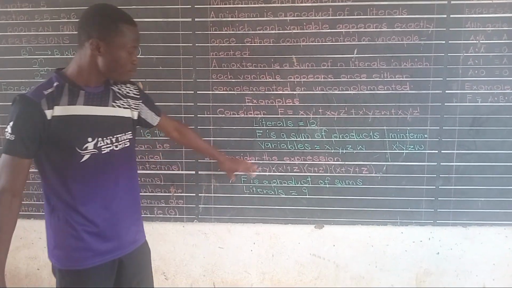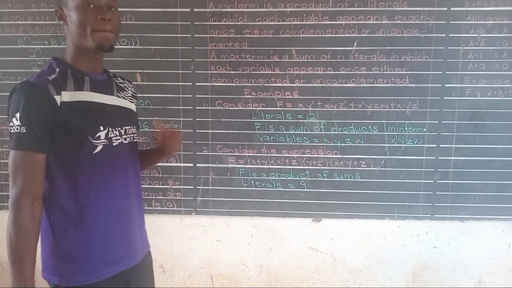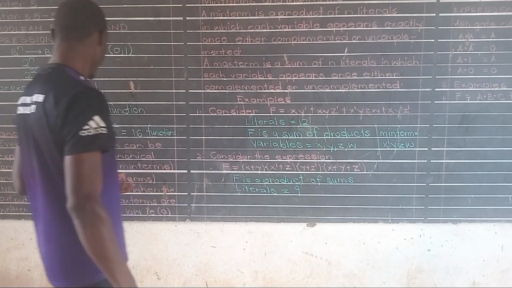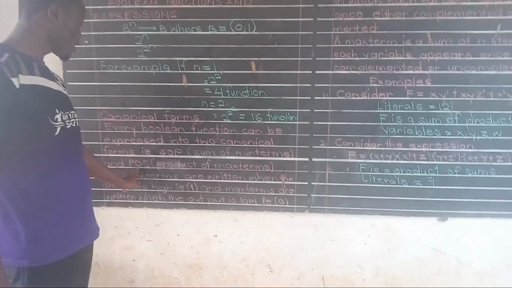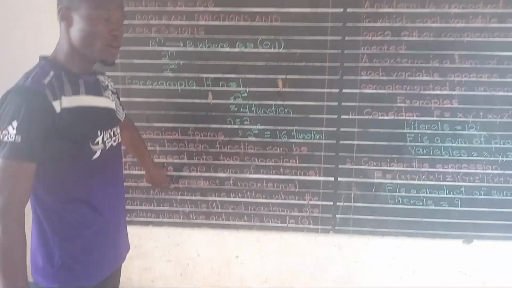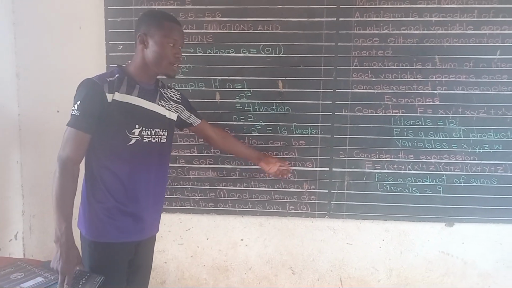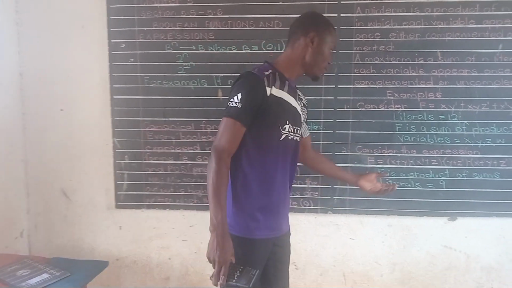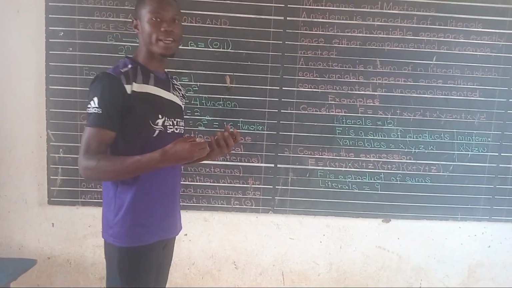What else can I get? Remember, this being a product of sums, I can get the max term. Here we say that if it is a product of sums, you can refer to it as a product of max terms. That's why I'm saying that I can get a max term from this problem. How do I identify a max term?